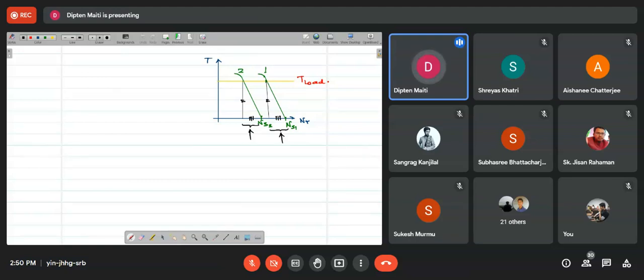So this way all your torque speed characteristics move parallel to each other in the torque speed plane.